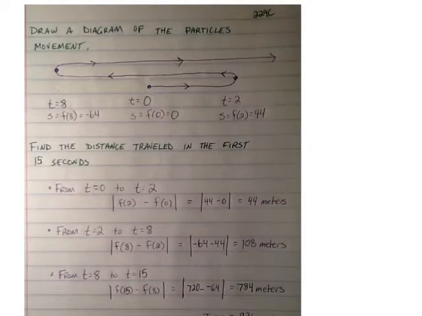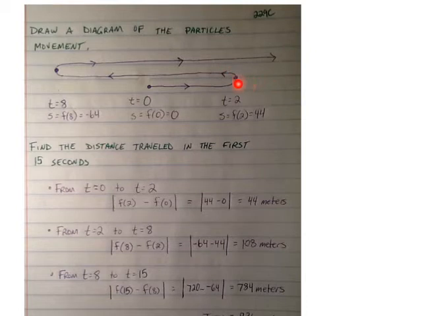If we wanted to draw a diagram of that, we know at time 0 it is traveling forward all the way until time 2, and then from time 2 to 8 it's traveling backwards, and from time 8 on it's traveling forward. If we want to get some relative positions, we could plug in at time 0: what is f of 0, it gives us a value of 0.